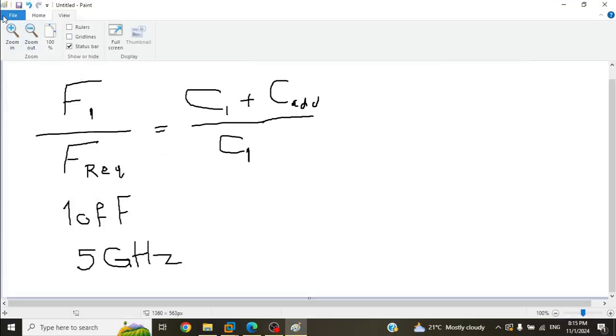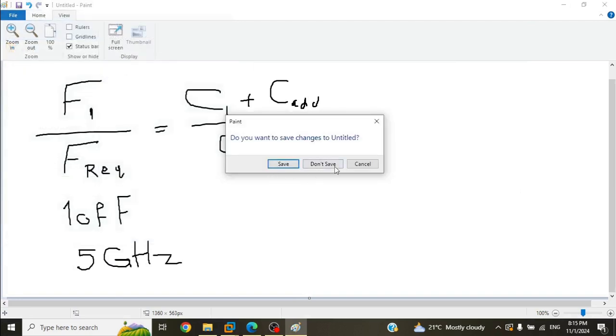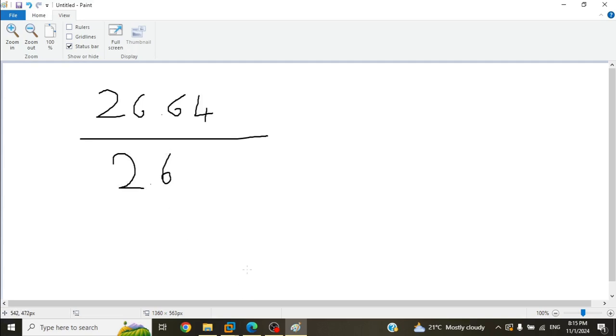So let's empty this. Okay, so the F1 we have already measured is 26.64, and the second frequency we have measured is 2.61, right?